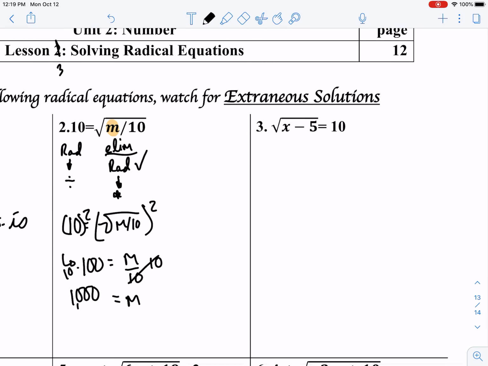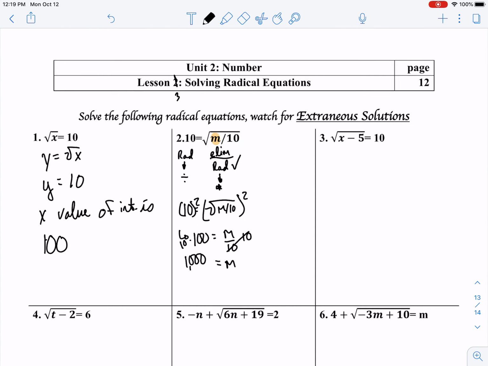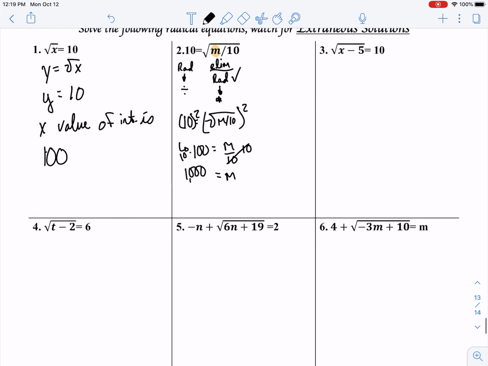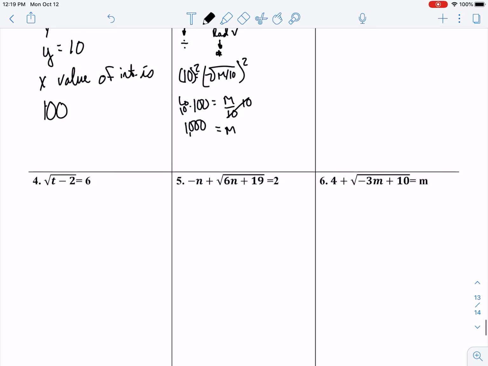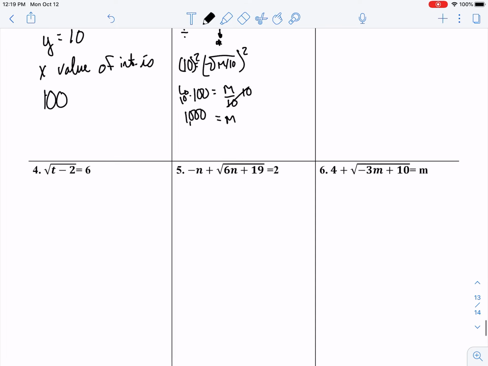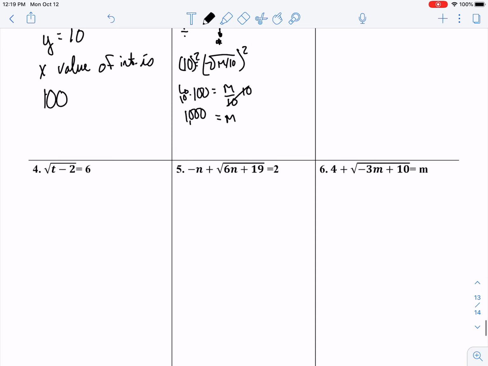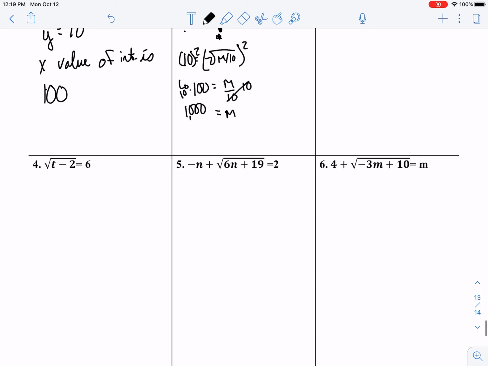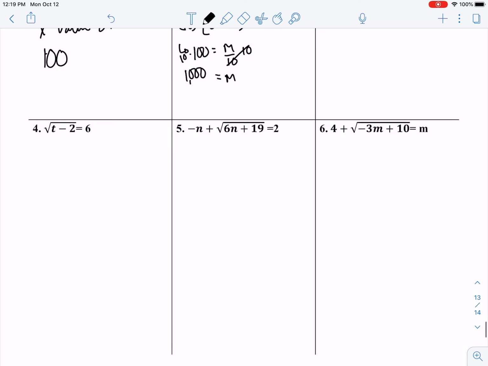So again, just another example, number 5 and number 6. Isolate the radical. I want to get that by itself, so I add n to both sides. Square root of 6n plus 19 is equal to 2 plus n. Square both sides.